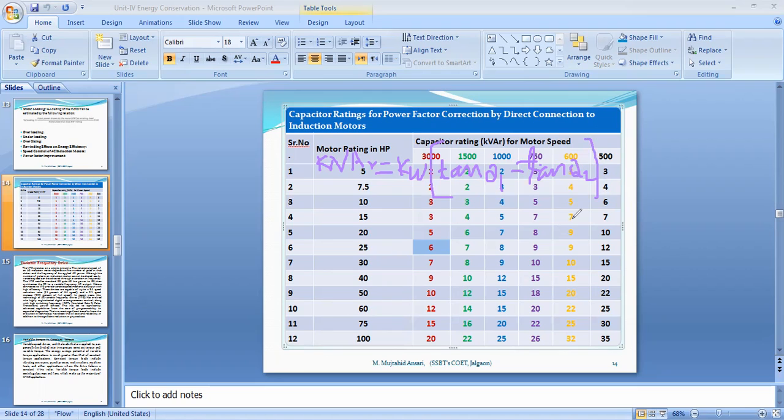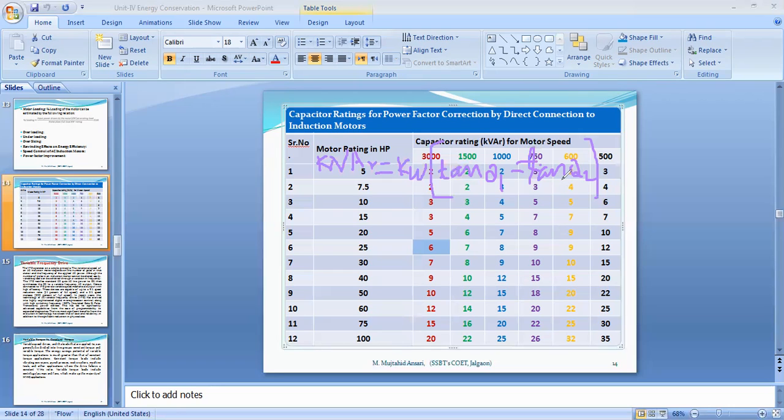This formula is also applicable for improving the power factor in general. For example, the initial power factor is 0.8 and I want to improve the power factor to unity. A power factor of 0.8 means the angle is 36.86 degrees. So theta 1 is the initial power factor angle, before improvement of the power factor, and theta 2 is the new power factor angle.